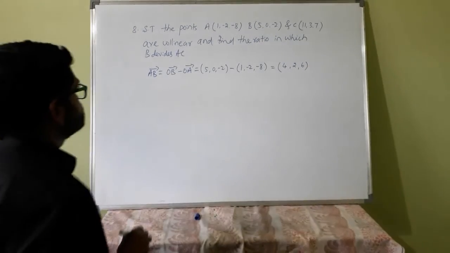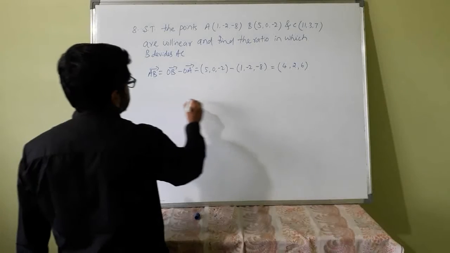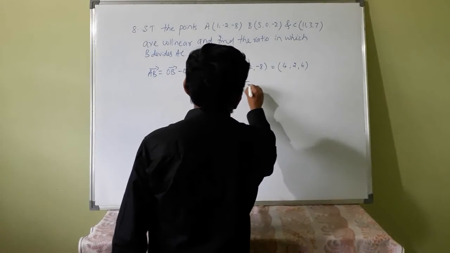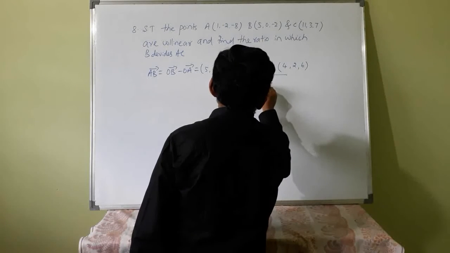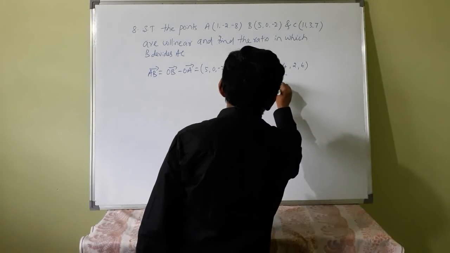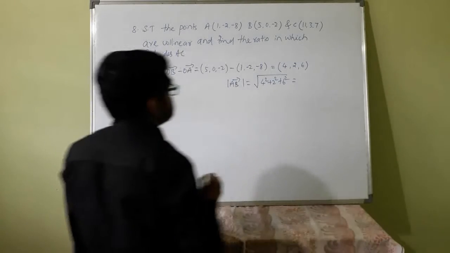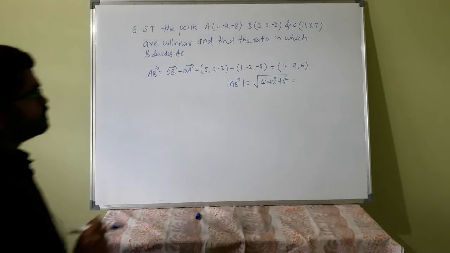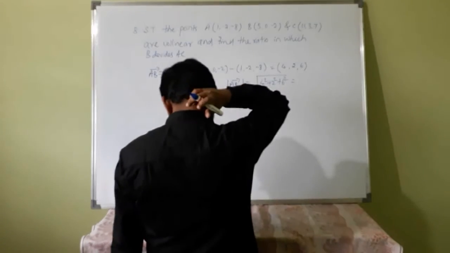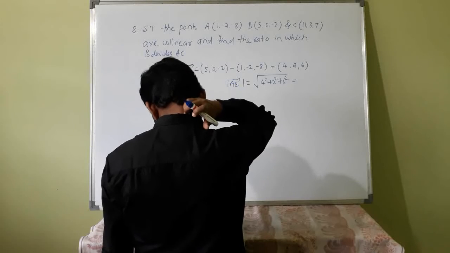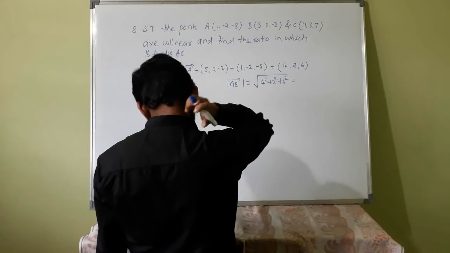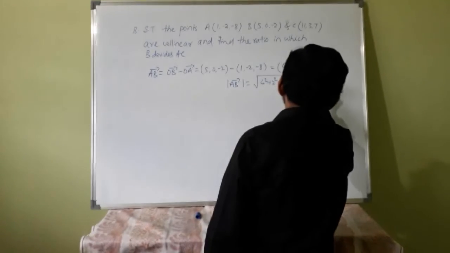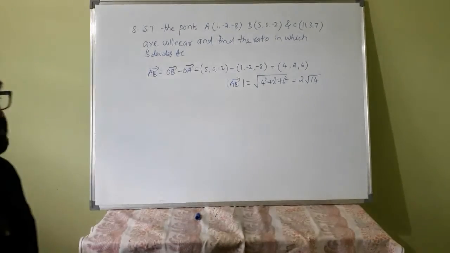That is AB. So the magnitude of AB is the square root of 4 squared plus 2 squared plus 6 squared, that is 36 plus 16, 52, plus 4, 56. Root 56 means how much? 2 root 14, isn't it?